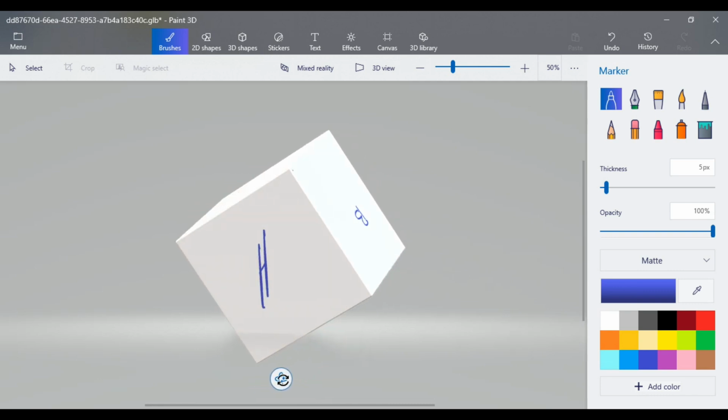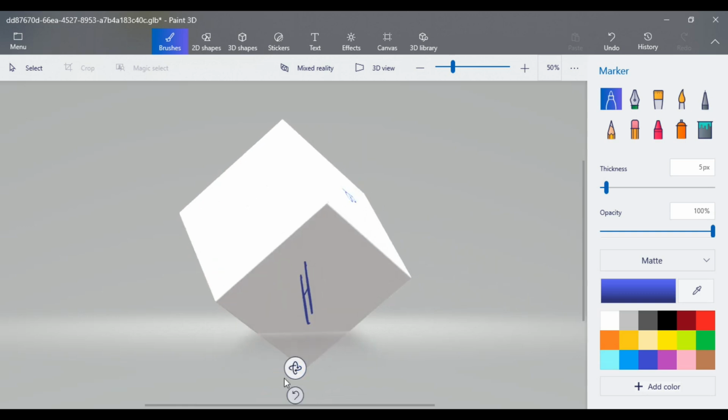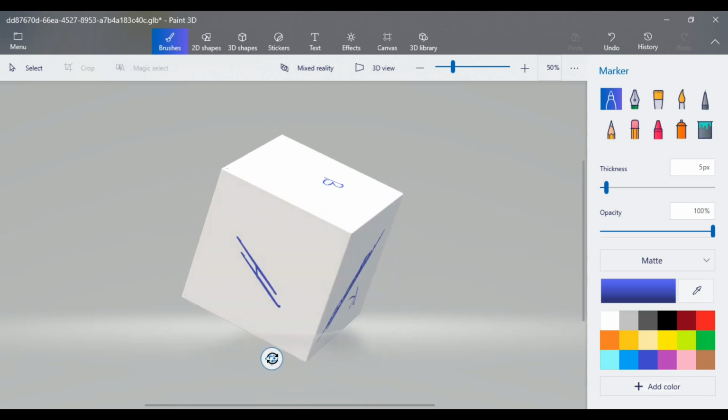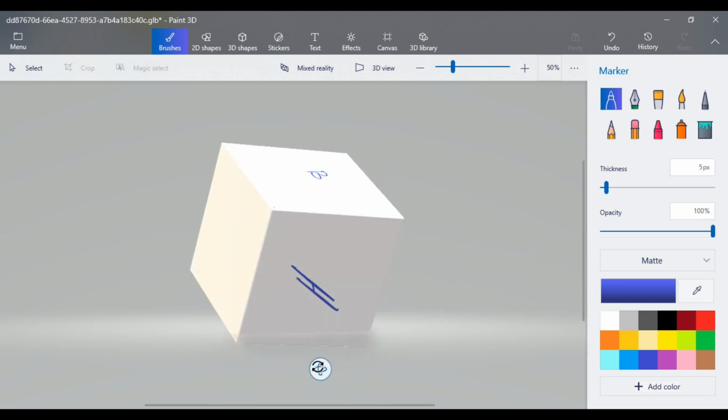So the third image, B is in the top. Okay, so H, B, and here P is here.